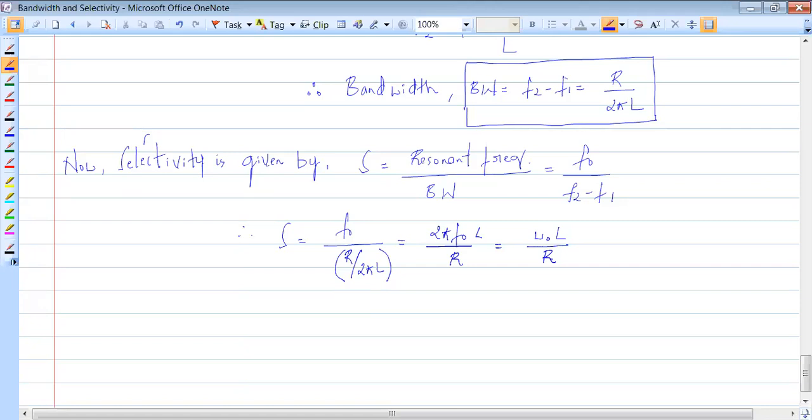Very good. Omega naught very clearly says that we are looking at the quality factor at resonance. Understand that? Okay. Therefore, since omega naught L by R is Q naught, it implies our selectivity S is actually equal to quality factor at resonance.